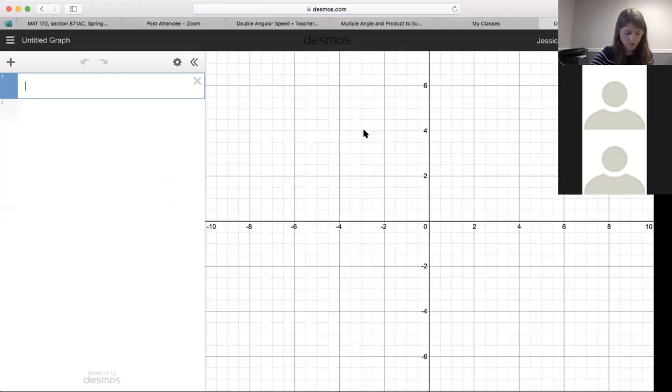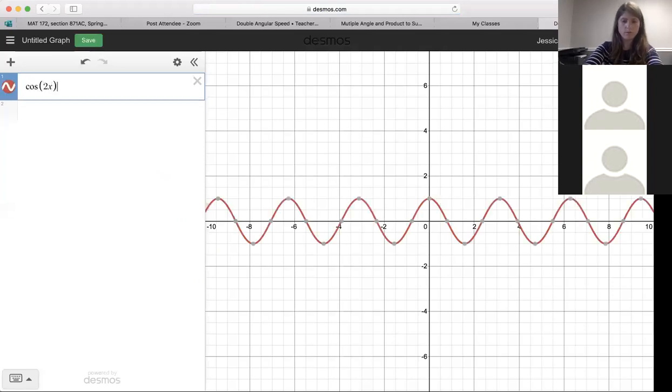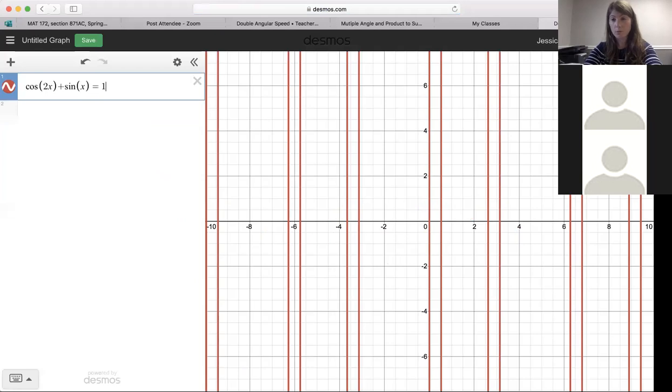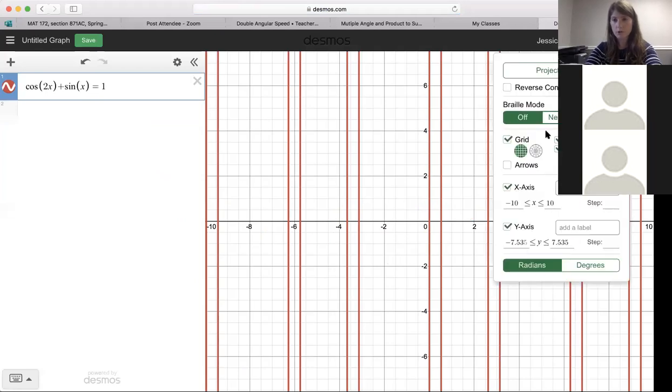And let's go back to the original equation. I'm going to put in cosine of 2x plus sine of x equals 1. So I'm only looking at 0 to 2 pi. Let's go ahead and restrict our domain here.